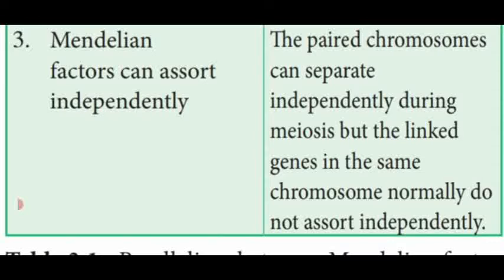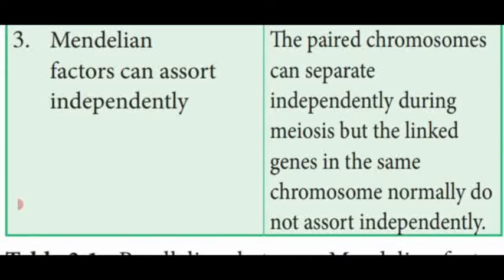But linked genes, meaning different genes present in the same chromosome, normally do not assort independently. They do not assort independently because they are present in the same chromosome, and also they are closely located.